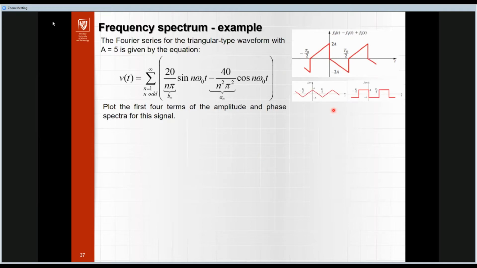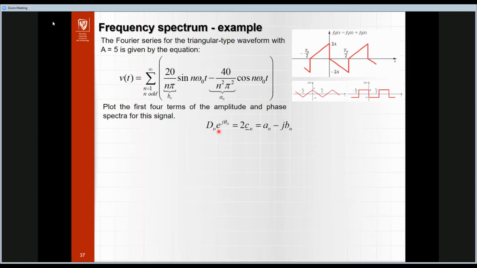We can plot the first four terms of the amplitude and phase spectra for this signal. We have the components connected with the sine and with the cosine. We know that the cosine is connected with the an coefficients and the sine with the bn coefficients.